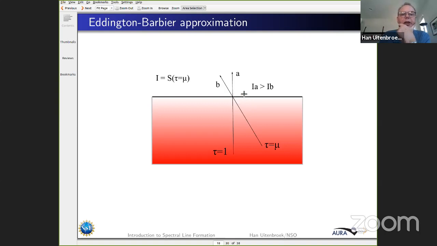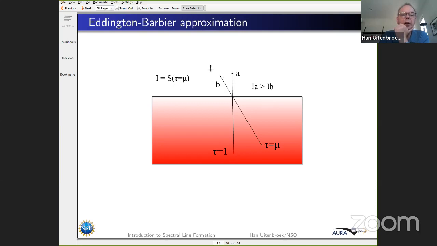And you can see that when I take this Eddington-Barbier solution and I calculate the intensity for a vertical ray, I get that the intensity is equal to the source function where tau is equal 1.